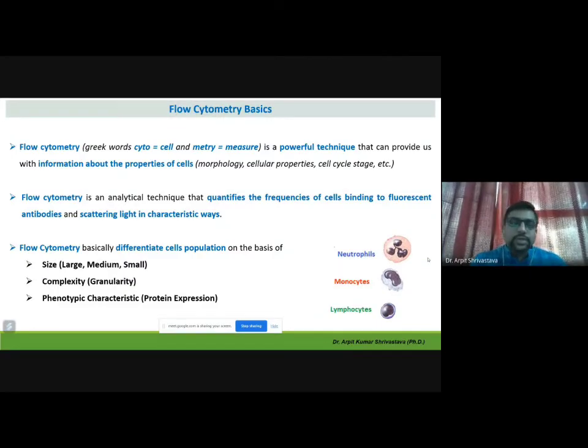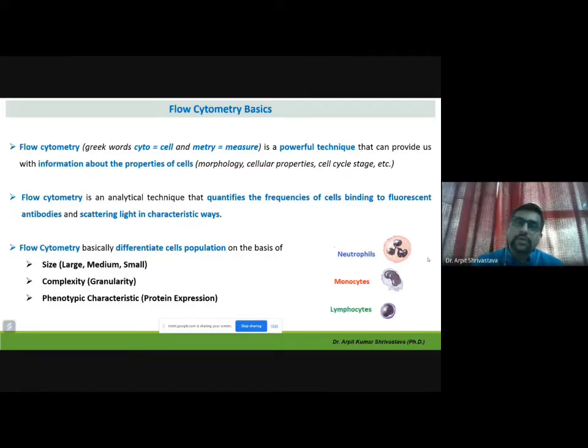Flow cytometry is a Greek-derived term. Cyto means cells and meter means measure. So it's a powerful technique that can provide us information about the properties of cells. On the basis of morphology and cellular properties, we can differentiate cells, and we can also do cell cycle analysis, because different points in the cell cycle represent different phenotypic characteristics.